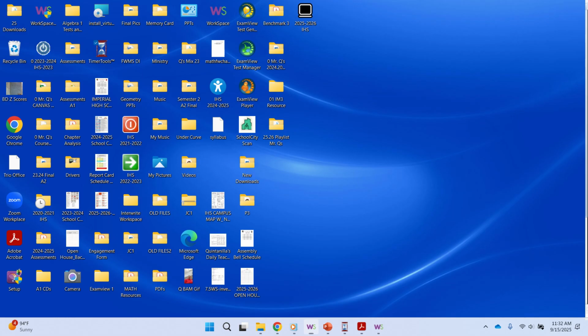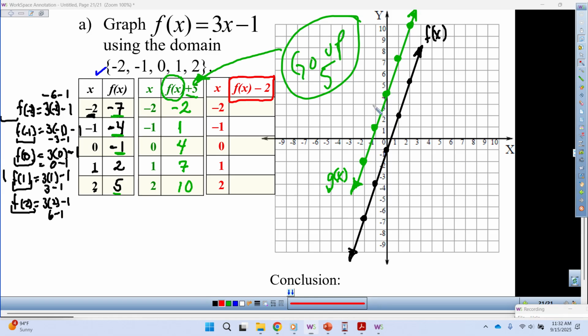All right. So Miguel said for the green one, it went up from the black one to the green one, it went up 5. And we saw here plus 5.